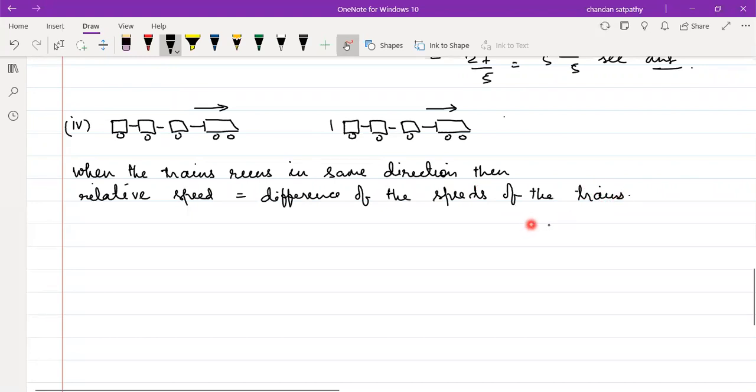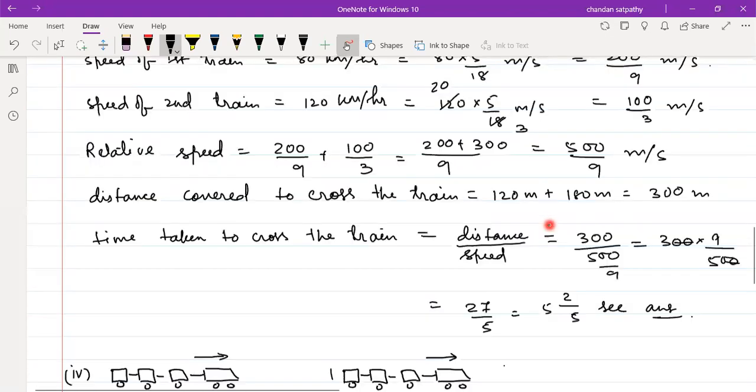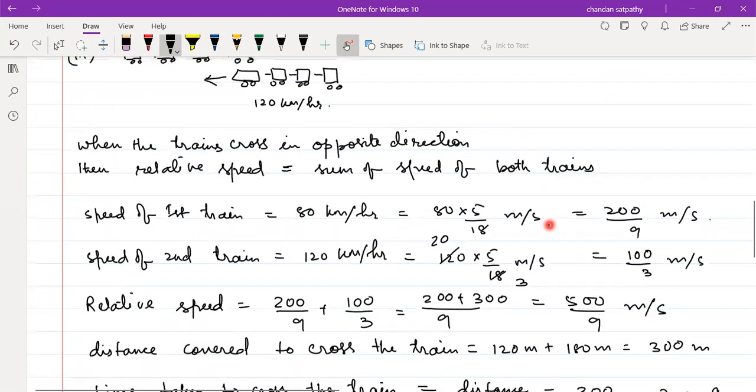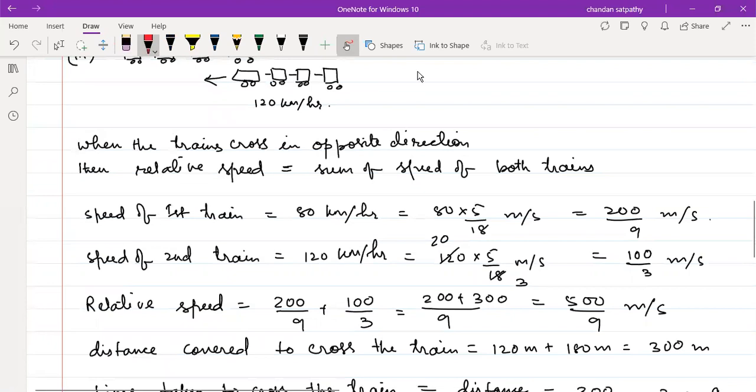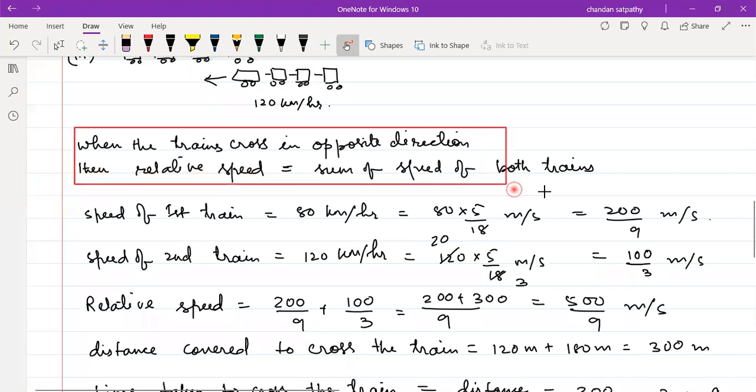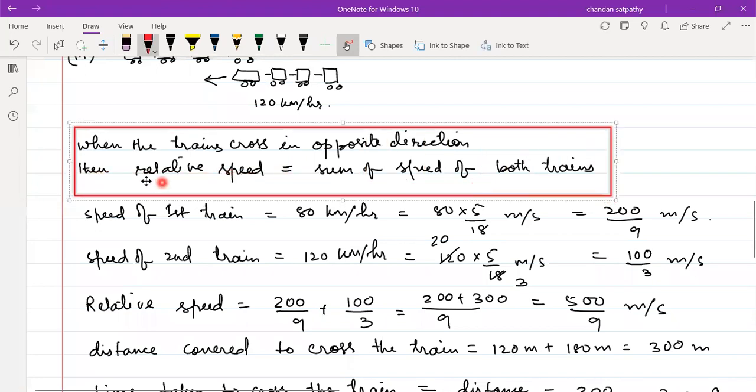Clear? So you see, in the first case, what I told is that when the train crosses in the opposite direction, what will be the relative speed? The relative speed will be the sum of the speeds of the trains.